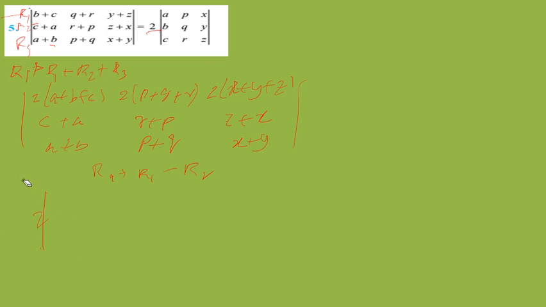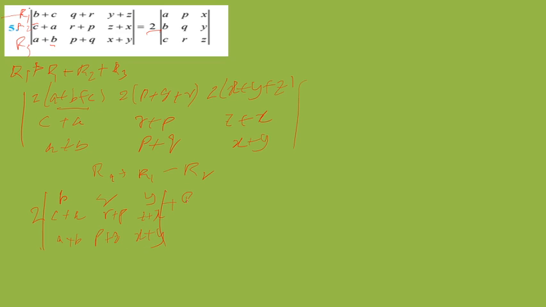Then A plus B plus C, C plus A gone, so B. And R plus P gone, then Q. Then Z and X gone, then Y. So you have here the second row same: C plus A, R plus P, and Z plus X. Here we have A plus B, P plus Q, and X plus Y.